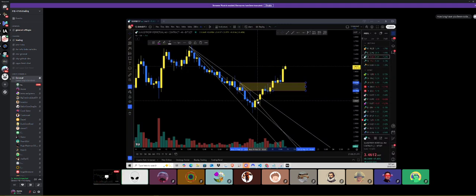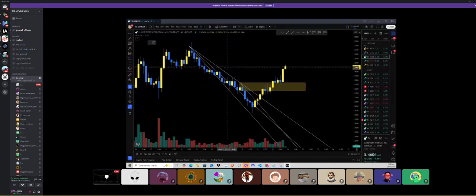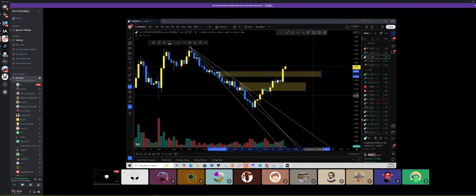This candle, long. There, TP. When it breaks resistance, flips it, long. It broke that all the way to there. So now we're here. Long. Broke that. Broke that. In fact, it's broken all of that. So you'd still be longing.